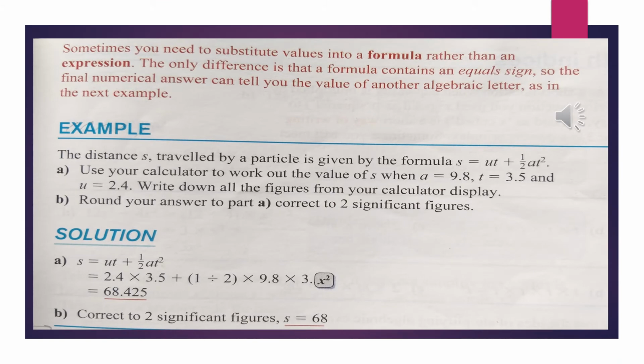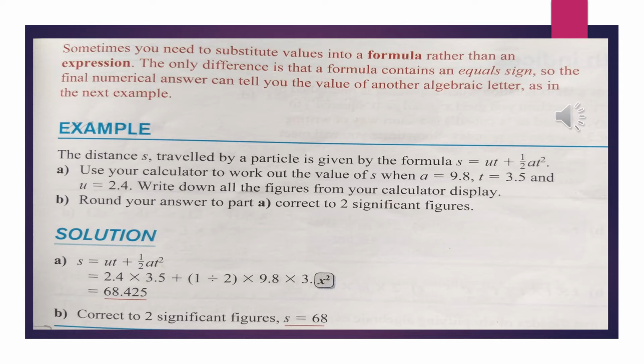Sometimes you need to substitute values into a formula rather than an expression. The only difference is that the formula contains an equal sign, so the final numerical answer can tell you the value of another algebraic letter, as in the next example.